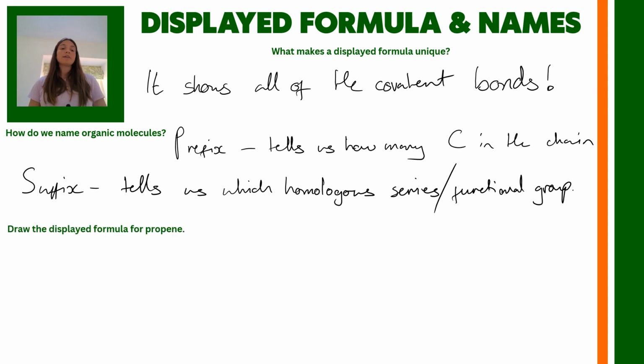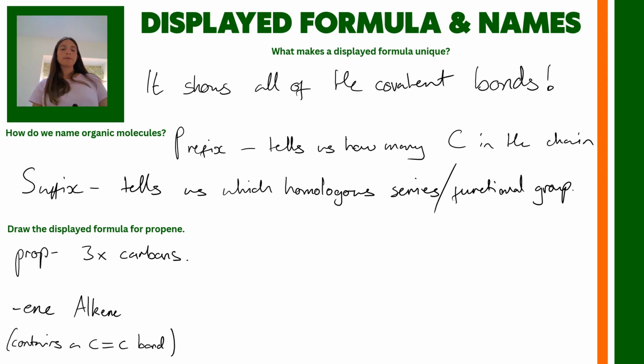So if I'm asked to draw the displayed formula for propene, the prop is my prefix, and that tells me that there are 3 carbons, and from my mnemonic that was the play in my elephant plays, propene 3, and the ene is because it's an alkene, and that's the homologous series that has this functional group of a double covalent bond for 2 carbon atoms here.